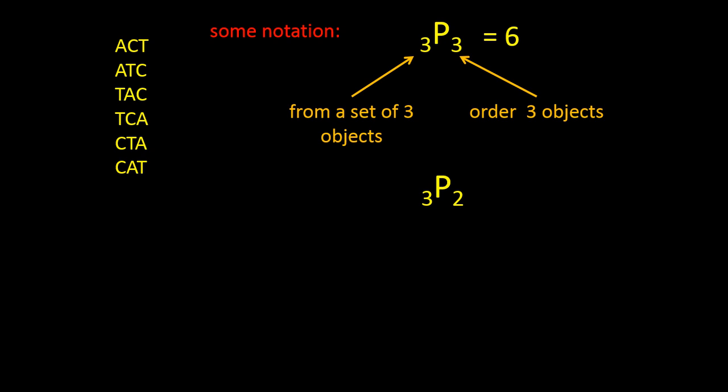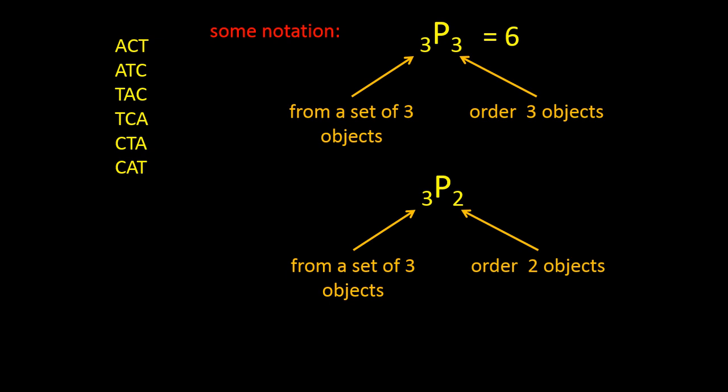So what would this mean? Well, that would mean that from a set of 3 objects, we're going to select 2 objects with order. So that's a permutation of 3 objects chosen 2 at a time. So how would that work with this set of letters? We started with the letters A, C, and T. How can we choose 2 objects with order?